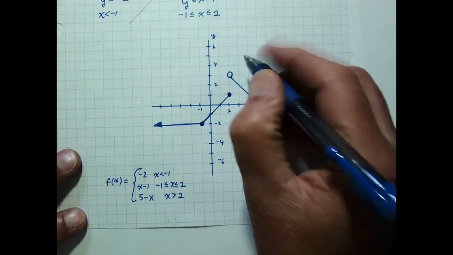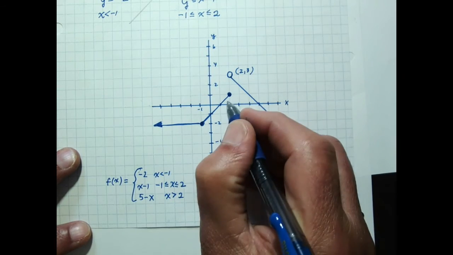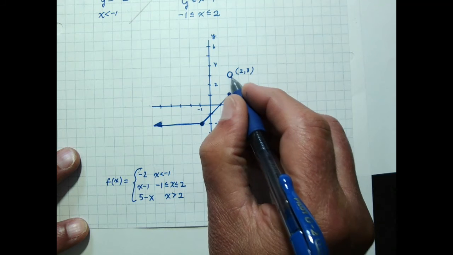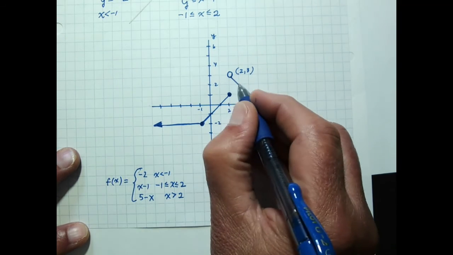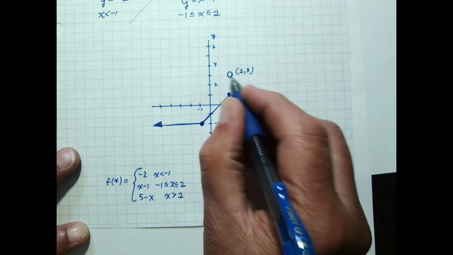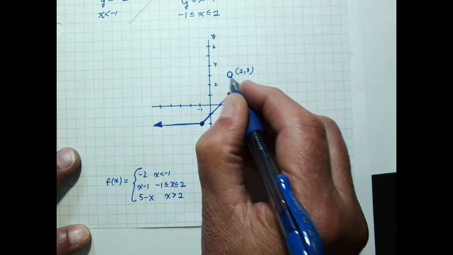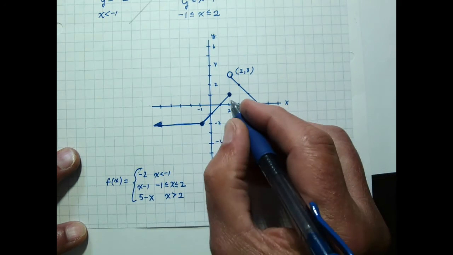Okay, so this is the point 2, 3. It's not actually a point on my final graph, but I need to indicate it because I need to have that little stretch in between 2 and 3 drawn, and that helps me get my stretch between x equals 2 and x equals 3 in its correct position.